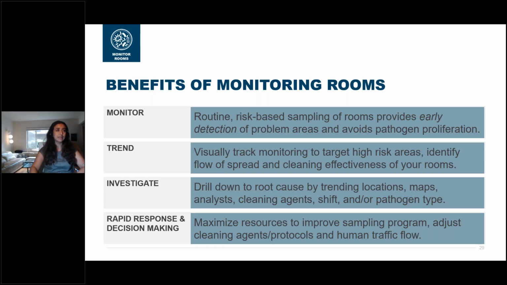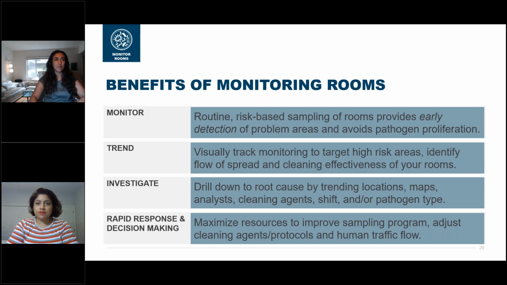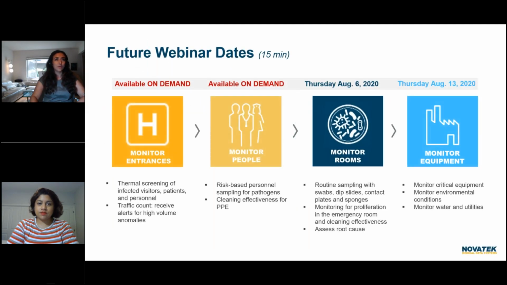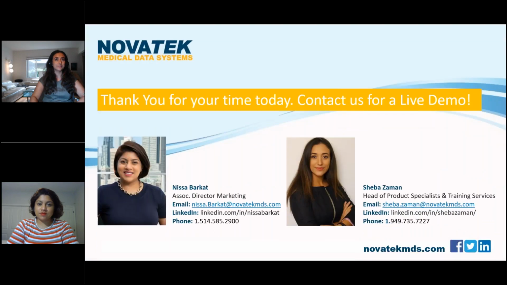We know they're all tight, and we want to maximize that to ensure you're keeping your personnel, visitors, and patients safe within the hospital. And that can often be done just through some analysis of my cleaning agents, of my cleaning processes, of my traffic flow, of my personnel training, and whatnot. So I will pass it over to Nisa, but we do have a webinar next week as well to look at critical equipment, environmental conditions, and water and utilities.